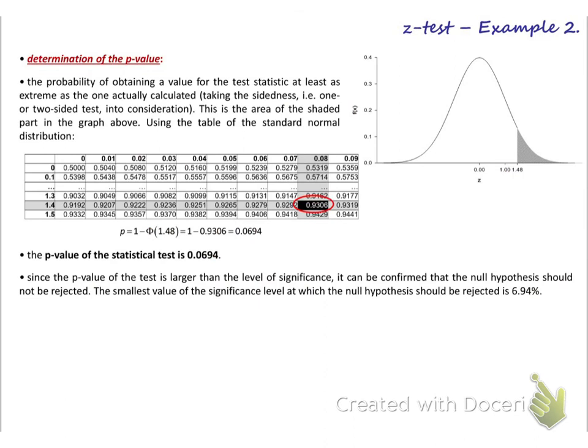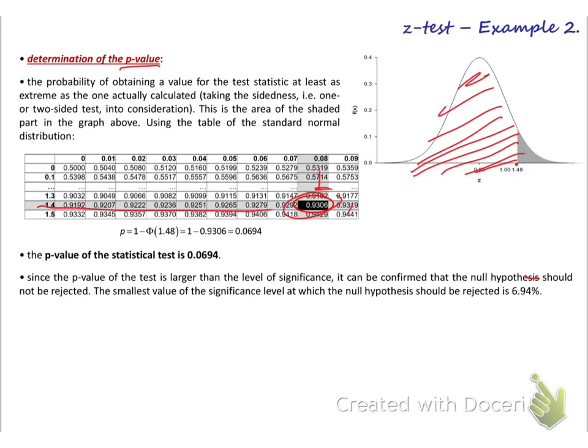Then if you want the p-value, I take the calculated Z, 1.48, and go to the table at 1.48 and get the probability from the standard normal distribution table. So this is an easy step. But if I get it from the table at 1.48, it will give the probability to the left.